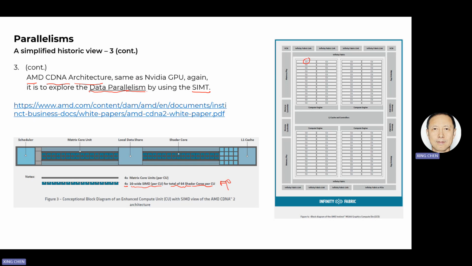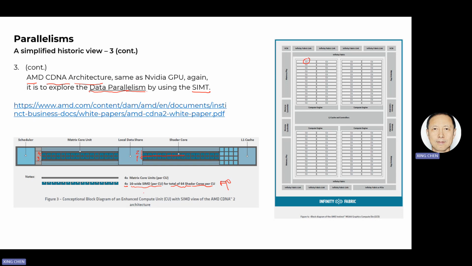And here it is. You have the first one here, and on the top you have another one. So the first one, the second one, the third one, and the fourth one. You have these SIMD units per CU, 4 times 16 wide SIMD units.